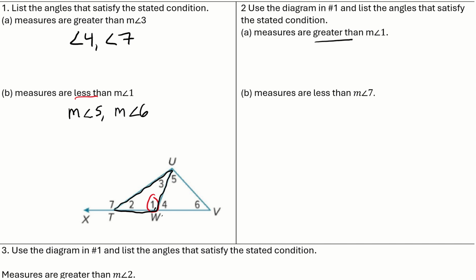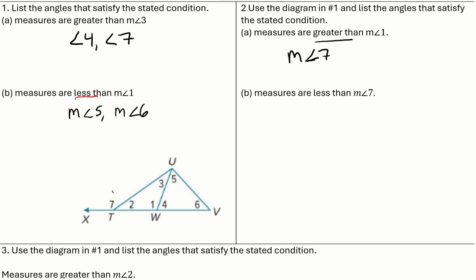In this case, the only option that we have is angle 7. We cannot do 4 because 4 is right next to it. And there are no other exterior angles for this black triangle except for 7 and 4. So 7 has got to be the one because it's the one that's farthest away. Angle 7 is an exterior angle and therefore it's greater than its remote interior angle 1.